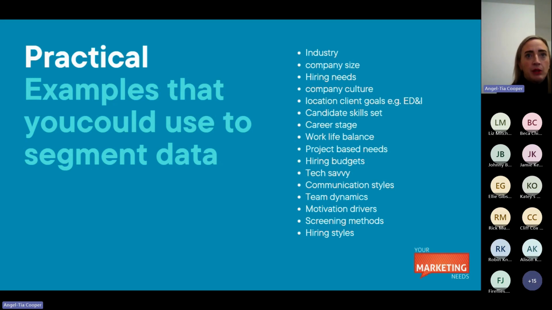If everybody's working remotely or if everybody's in-house, is it a contract-led model? Is it a hierarchy within that business that would only suit certain people? What's their motivation drivers? What's their screening methods? What's their interview processes? And what's their hiring styles? All of these could be ways that you segment your data to allow you to speak to those people in a specific and very personalized way.